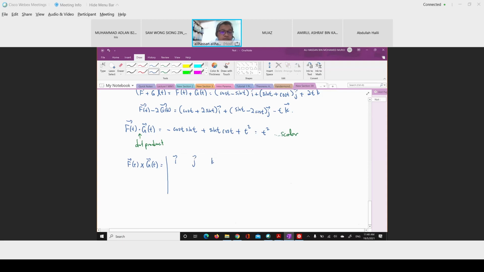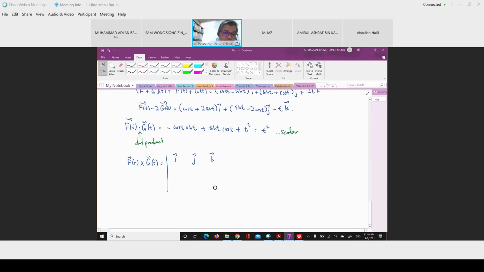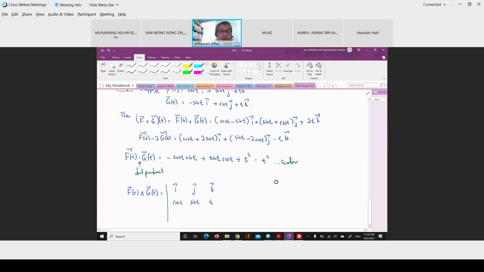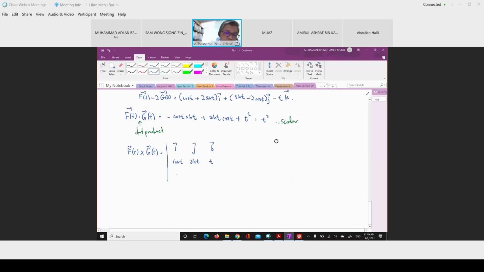The second row is the components of vector F: cosine t, sine t, t. And the third row is the components of vector G: minus sine t, cosine t, t. The cross product of two vectors is also a vector.